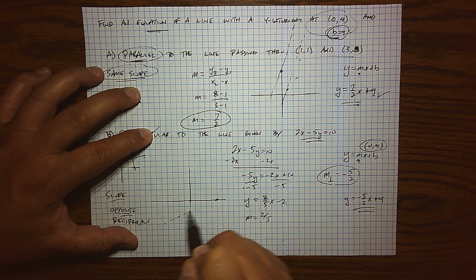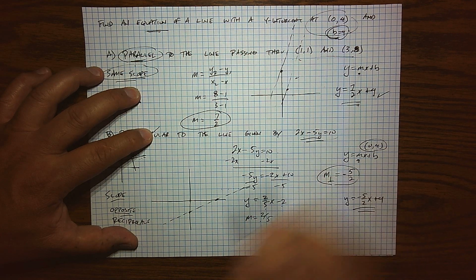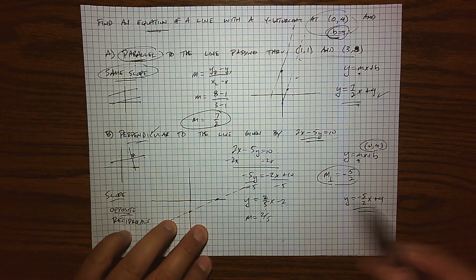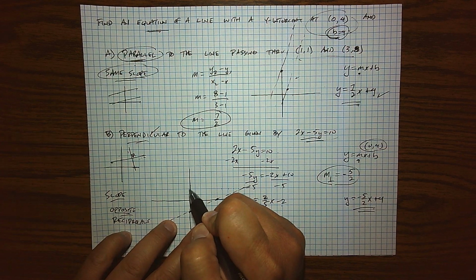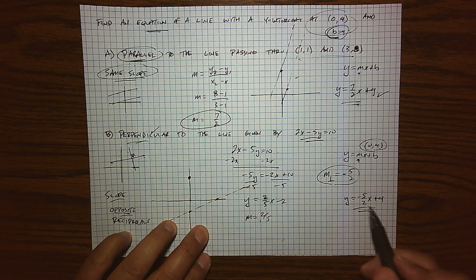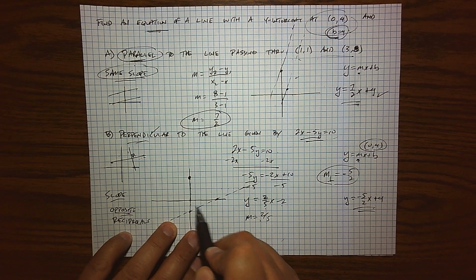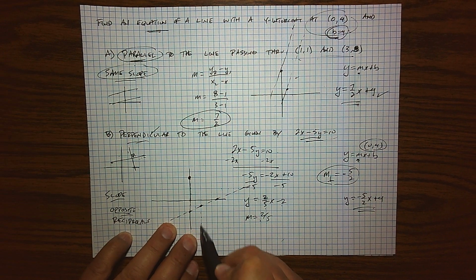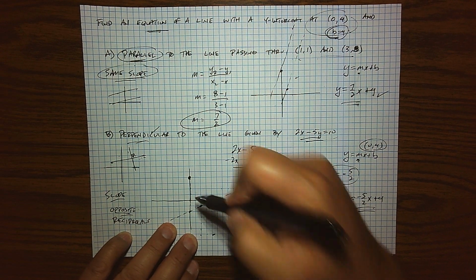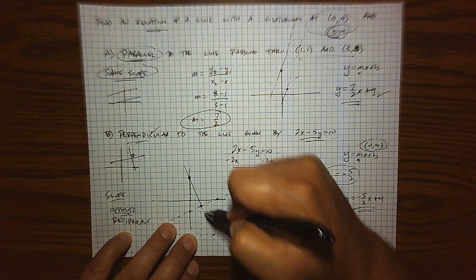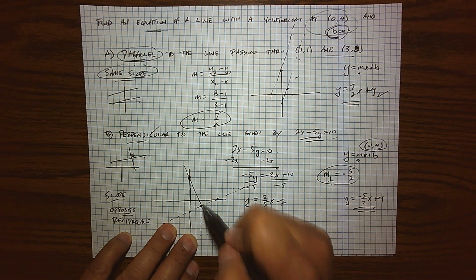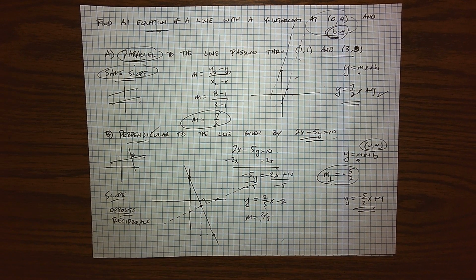Here's the line that's given. The line we found has an intercept at 4, and its slope goes down 5 and over 2. You notice that these lines do what they're supposed to be doing: they're intersecting at a nice 90-degree angle.